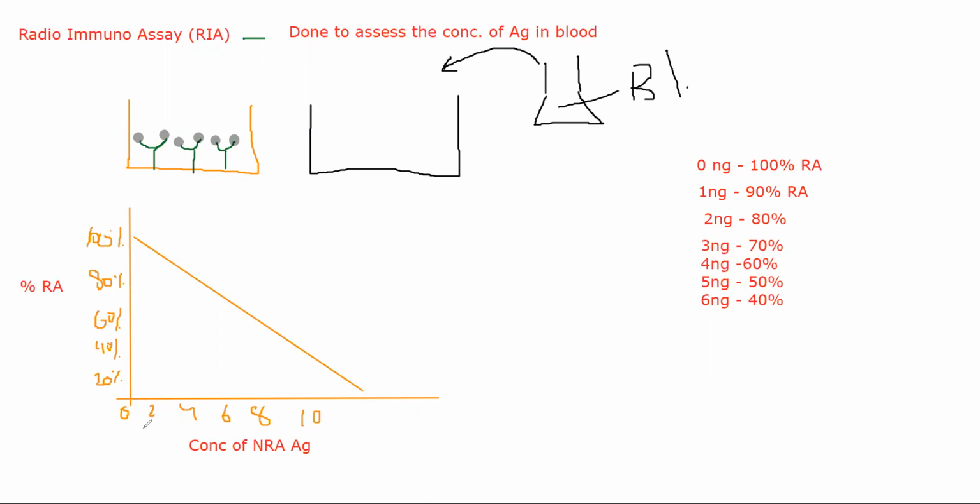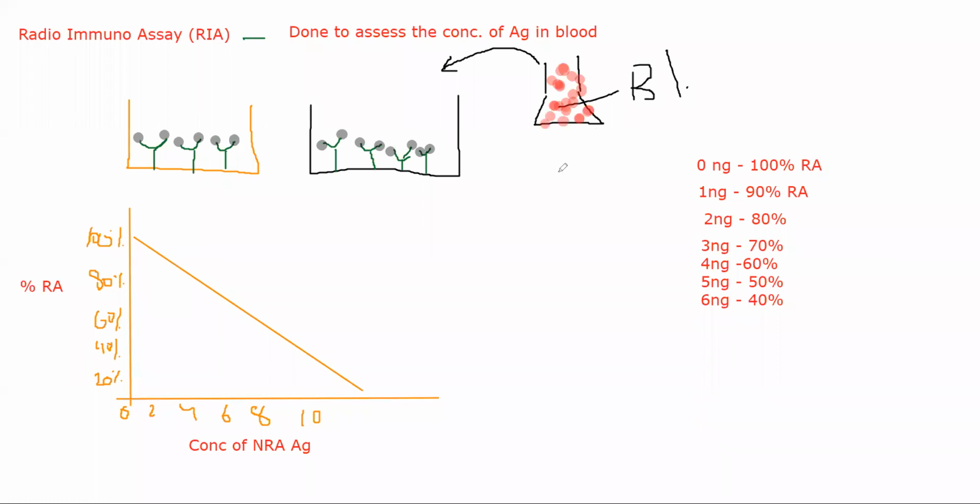What will end up happening is, so I still have those antibodies. Initially, all of them had that radioactive antigen attached to that. Later on, when I add my antigen, let's suppose I have red colored antigen in this. Specific antigen of, let's suppose, tuberculosis.